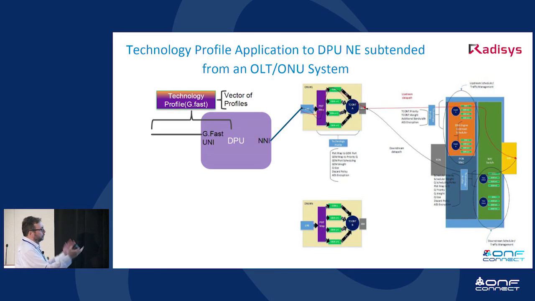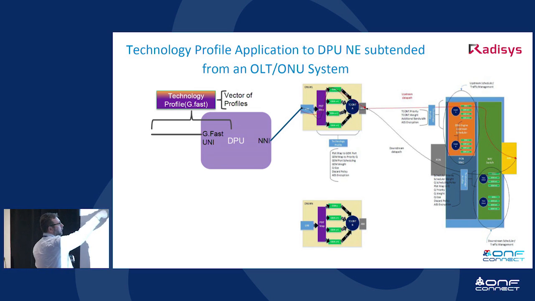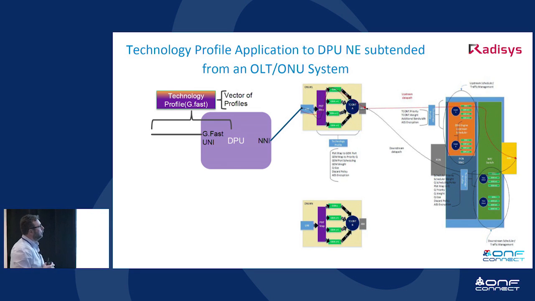If you could put those two models together, and Voltha is managing the DPU via some in-band channel, I can define flows and the technology profile for the G.fast UNI on the DPU. I can either have an integrated ONU or an Ethernet interface from the DPU to the UNI of an ONU.